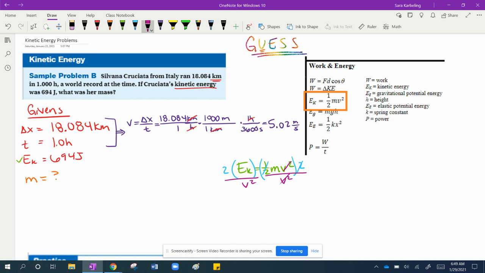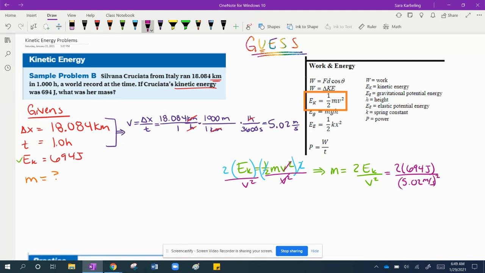And now the only thing I have on the right-hand side of that formula is the m. So I'm just going to rewrite this in a nice, easier to read way. And now I've got mass is equal to 2 times the kinetic energy divided by v squared. And now I'm ready to do my substitution. So I've got 2 times 694 joules of kinetic energy divided by 5.02 meters per second.